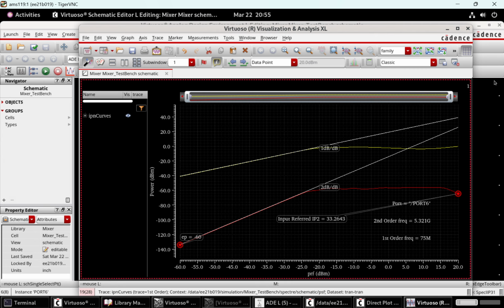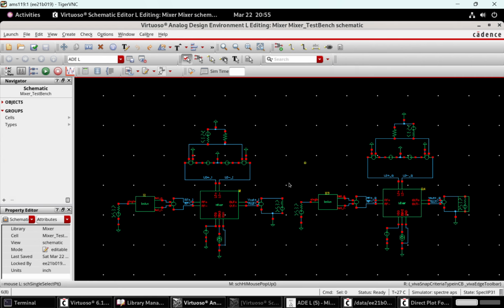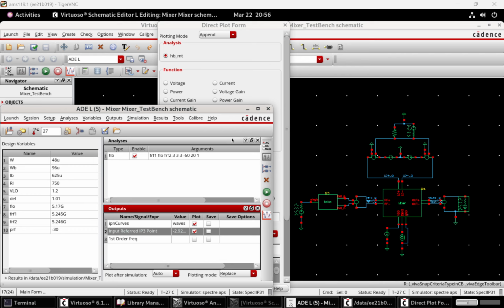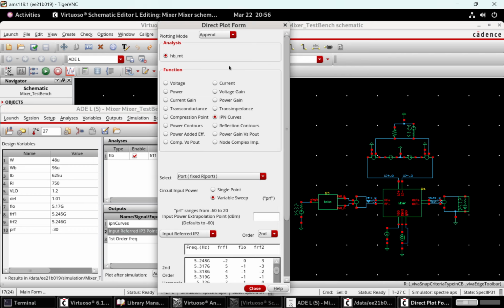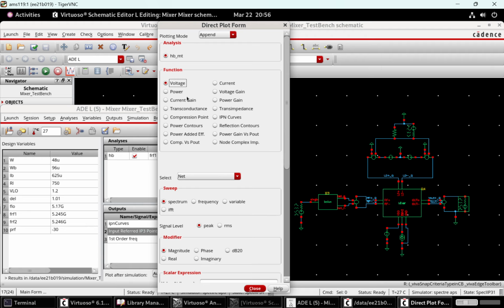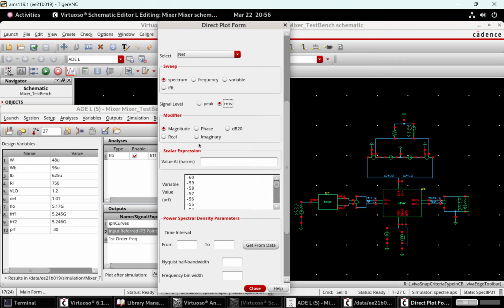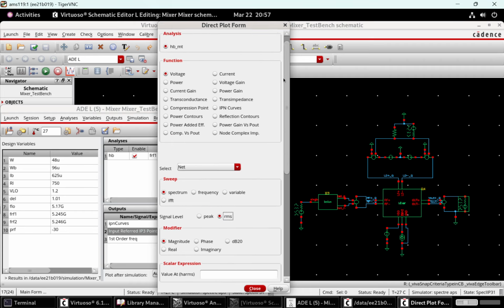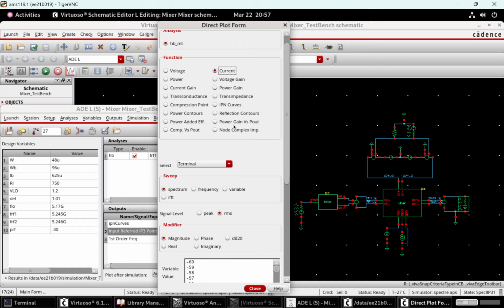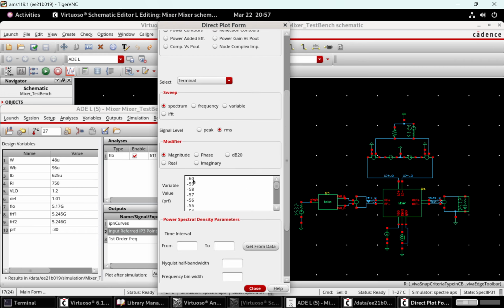Now we shall look at how to calculate the power. To calculate power in the same analysis, go to voltage and pick RMS, and you need to plot. So instead of voltage, change this to current and pick the value. It actually doesn't matter at what sweep you are looking at.